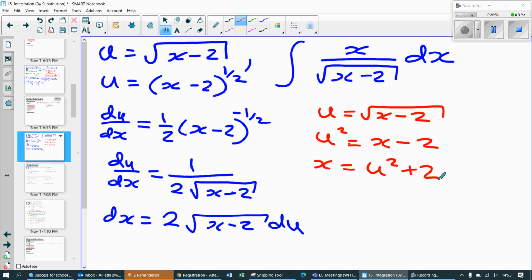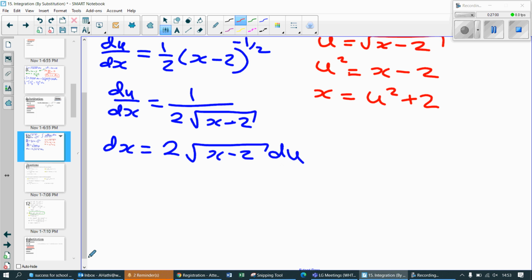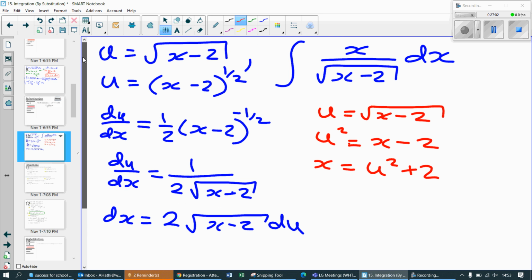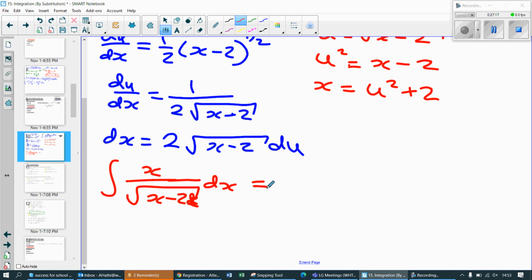Okay, let's do this. And once we do it, you'll see the problem. So let's just go for it. The integral I was actually trying to do was x over the square root of x minus 2, dx. Right? So let's do it step by step.